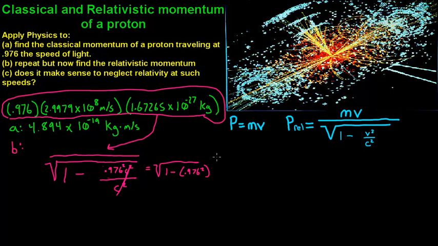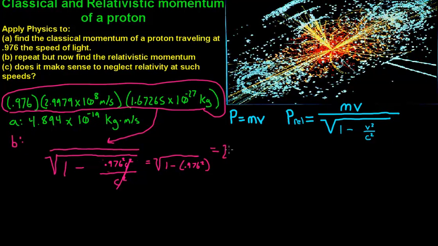Alright, so for B we get 2.25 times 10 to the negative 18th kilograms times meters per second.